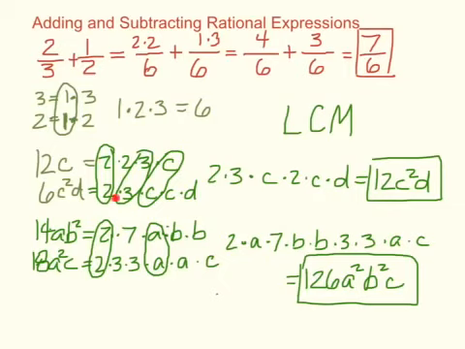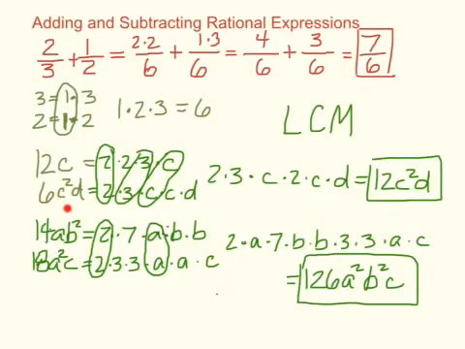Then I circle the numbers that are in common: I circled the 2, the 3, and the c. I wrote those down one time. Then I write every other number down one time that's not circled. So here's a 2, the c, and the d. When I multiply all this out, 2 times 3 times 2 is 12, c times c is c squared, and d. So the least common multiple of these two terms is 12c squared d.